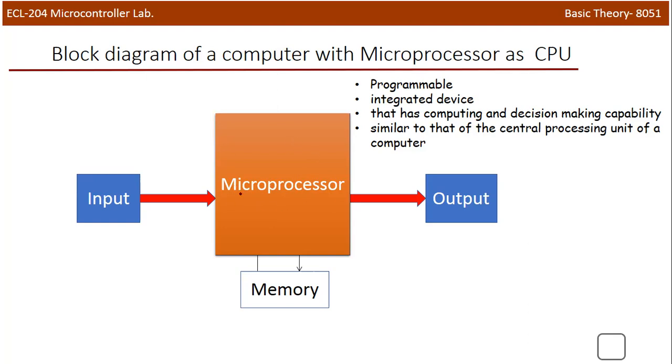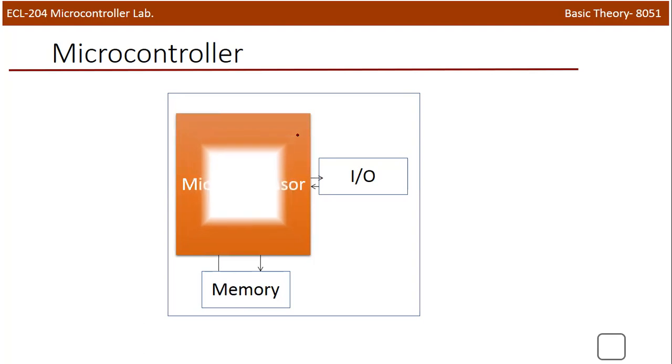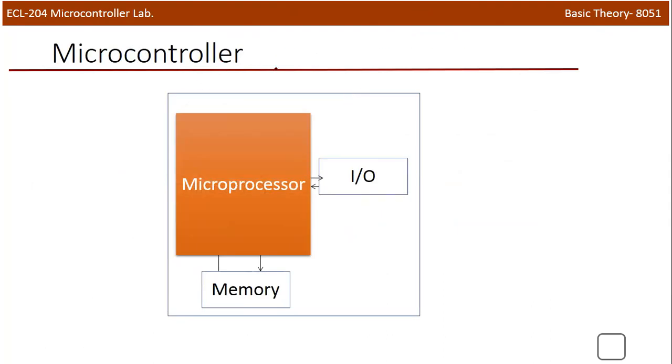Okay, and now we'll discuss another device which is known as the microcontroller, or we'll simply compare what is the difference between microprocessor and microcontroller. So this particular device, the microcontroller, contains a microprocessor plus a memory unit plus some input output devices. Okay, if all these are available on a single chip, then it is known as a microcontroller.